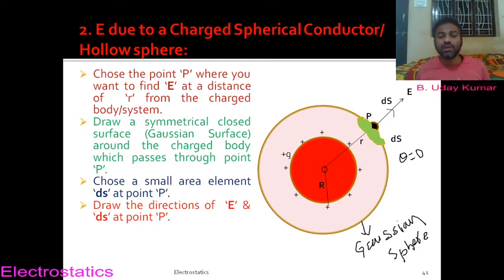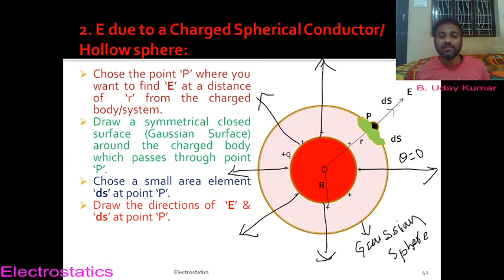So now, we have found the directions of E and dS at point P. Now what do you have to do? Since it is a positive charge, the entire charge is positive, all the electric lines of force will be coming out in all directions like this.